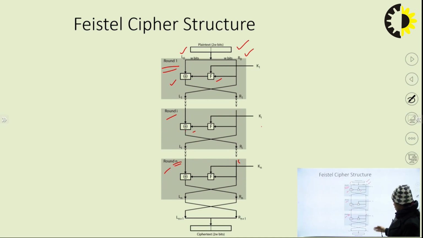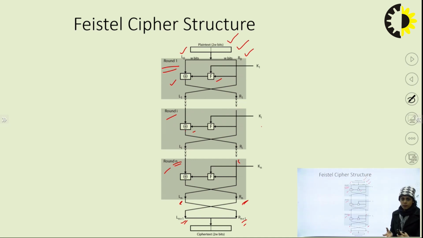Finally, at the last round, you can see there are certain changes. Ln means the left side of the nth round and the right side of the nth round will go to the left and right side, and finally these two halves combine, and it will produce the final output on the receiver side. As you can see, initially we started with 2W bits.